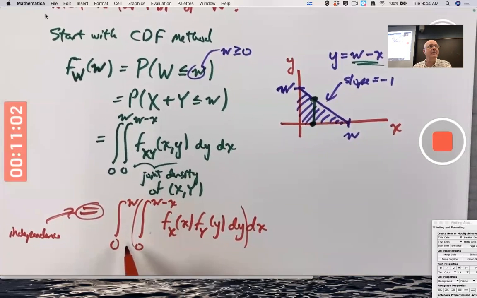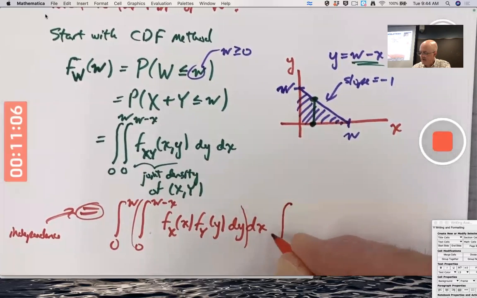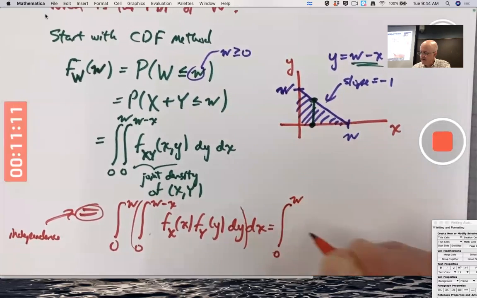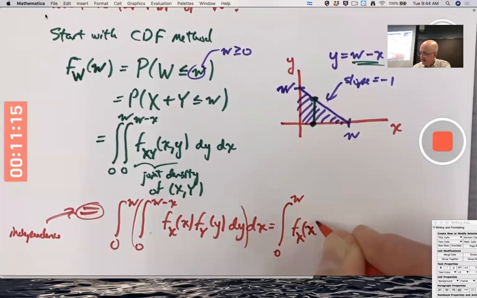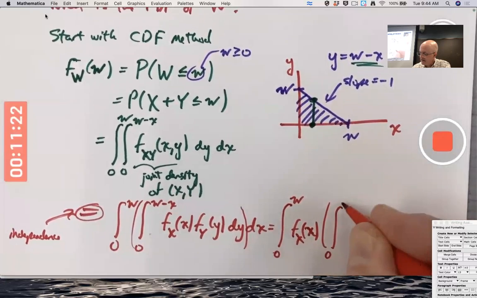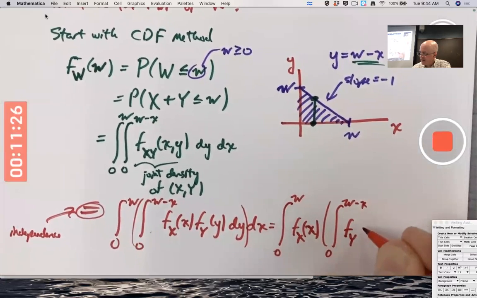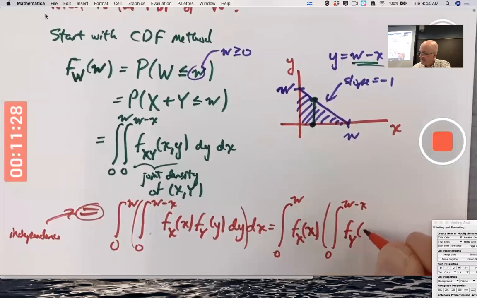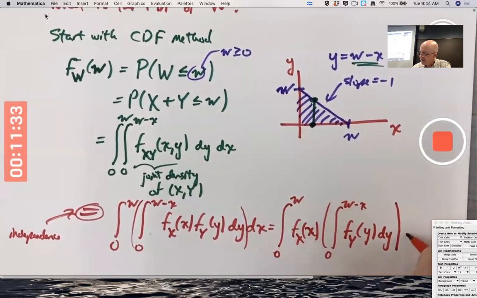Therefore, it can be factored out of the inner integral, at least, not the outer integral, like this. I'll continue using parentheses. With respect to that inner integral, the marginal density of x is a constant. It can be factored out.